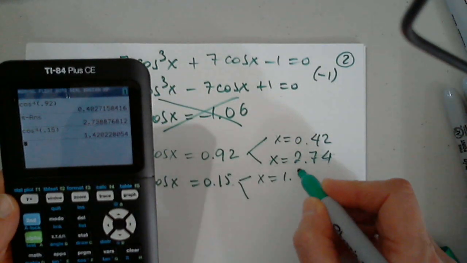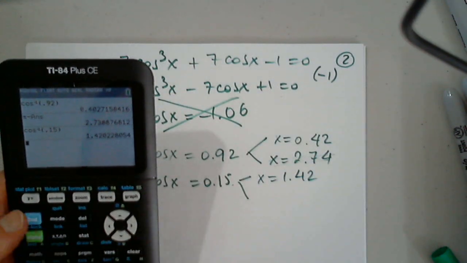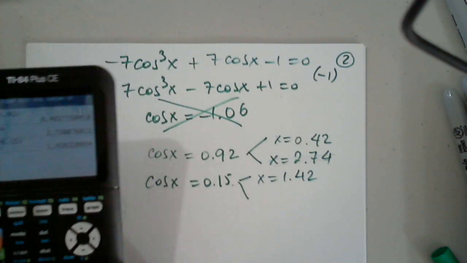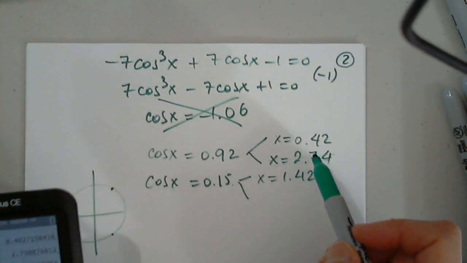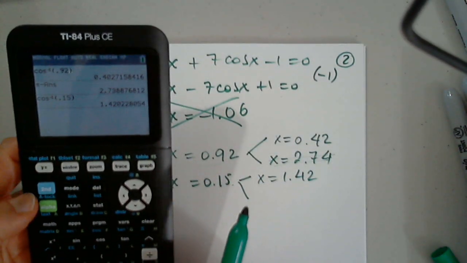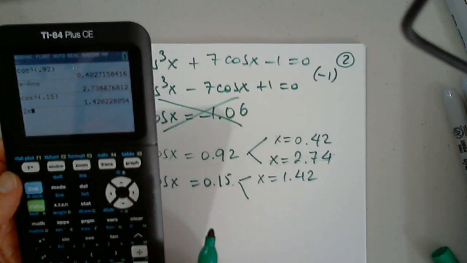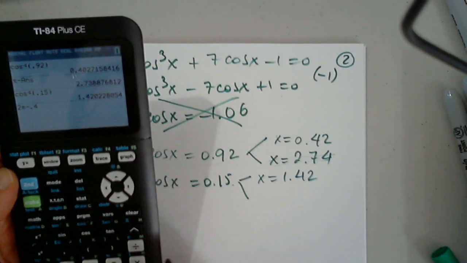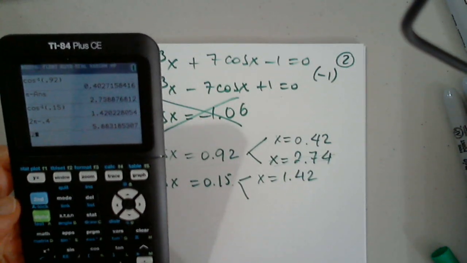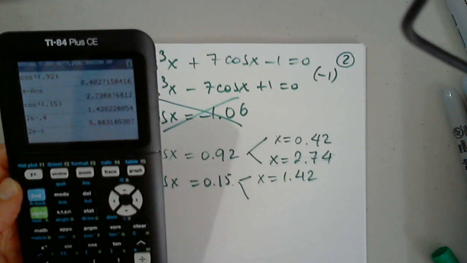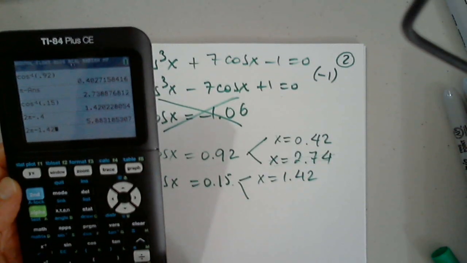So x equals 1.42. And the other one, hold on one second. No, the other one is 2 pi actually. So 2 pi minus 0.42. Yeah, it's still out of the interval. And the other one, that's 2 pi minus 1.42.